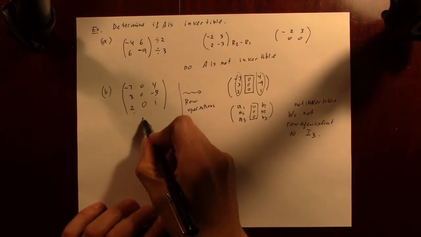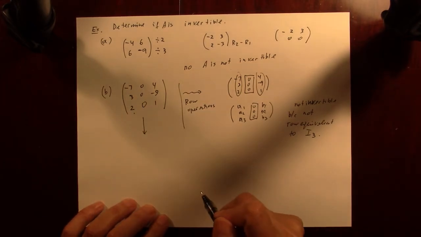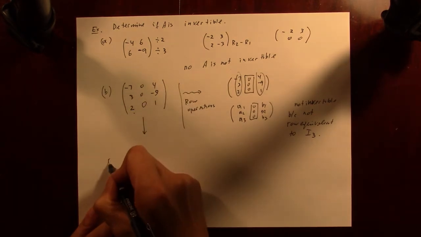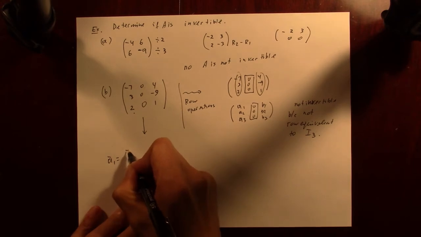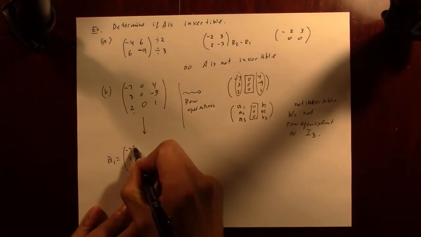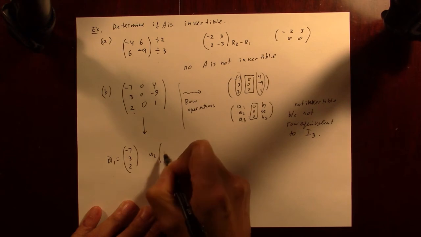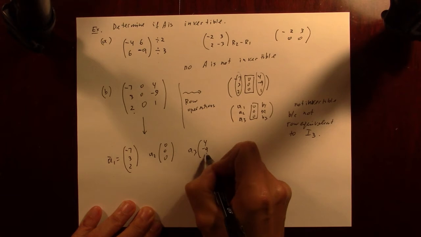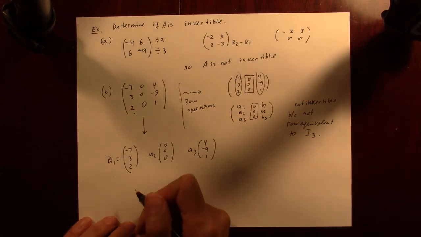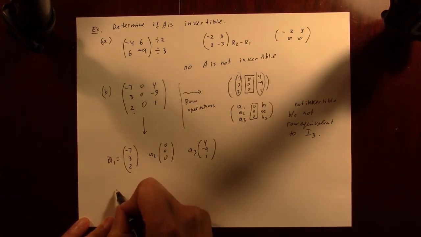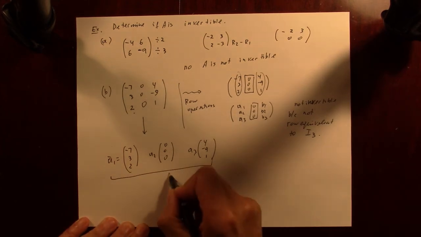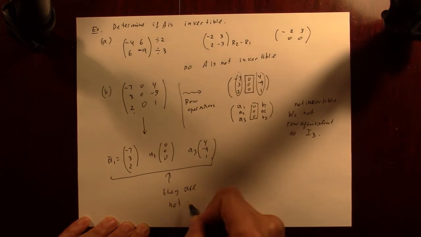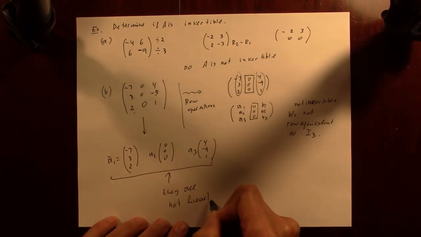Second possible argument: if you look at the vectors, we have column 1, negative 7, 3, 2. We have column 2, 0, 0, 0. We have column 3, 4, negative 9, 1. What you notice is they are not linearly independent.